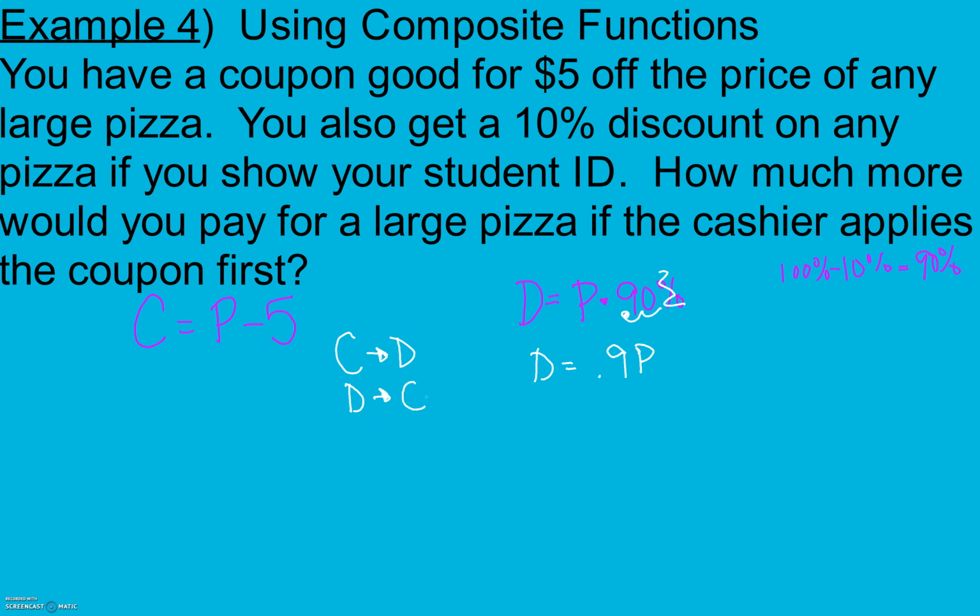So if we do coupon first and then the discount, we're taking our discount based on our coupon. If we do our discount first and then our coupon, we're taking our coupon price based off our discount. So our options here, C is p minus 5.